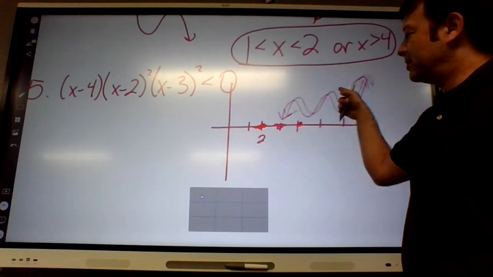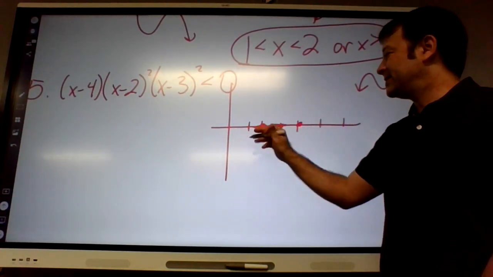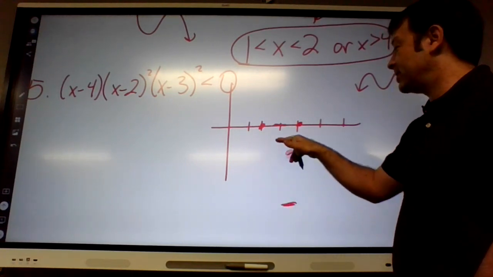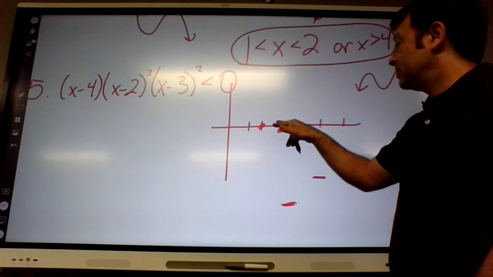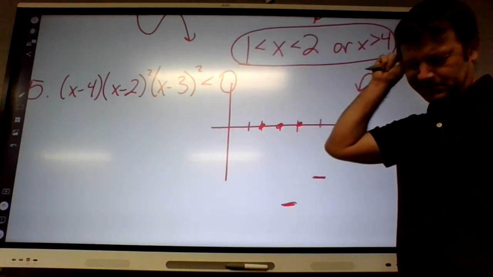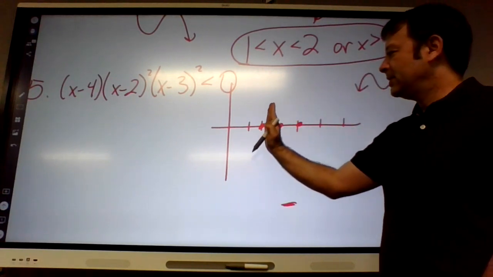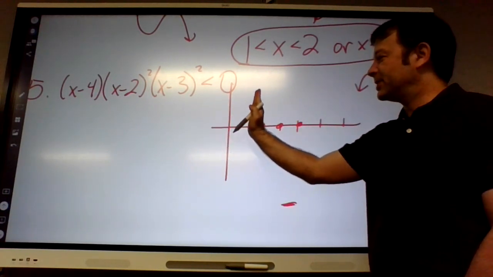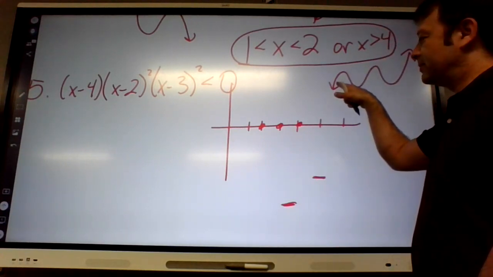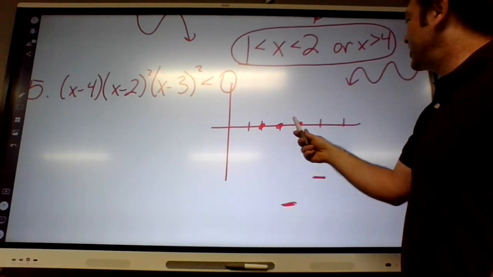So let's just plug in some stuff and see what's gonna happen here. Okay, what do you guys think? Is it gonna be positive or negative out here, past 2? Negative. Yeah, it's gonna be negative, but let's plug it in and see what happens.